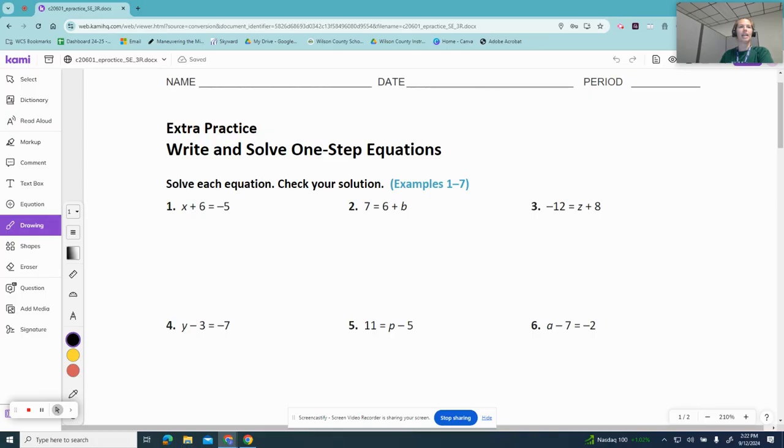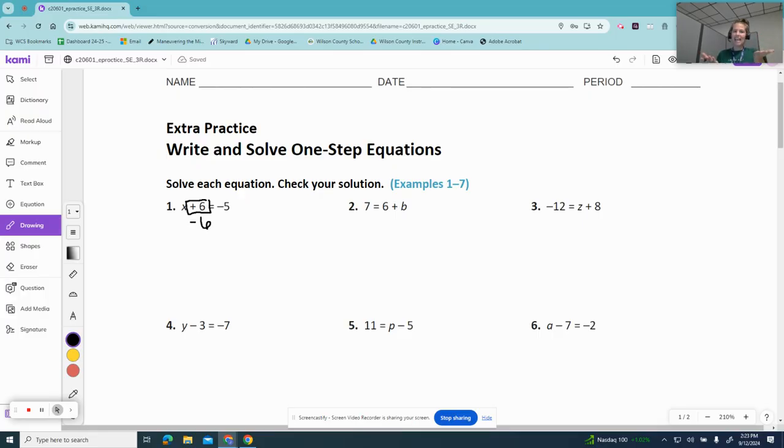So I'm going to do the inverse of this x plus 6, and that is going to be -6. Okay. If I think about an equal sign as a balance, when something is equal, it means it's the same on both sides. Okay.